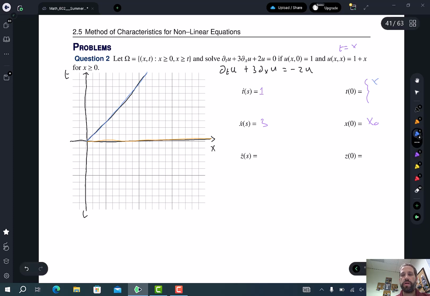And then z dot is always going to be equal to minus 2z, that's everything on the right of the equal sign. And z of 0, if I'm on the line t equals x, the blue line, is going to be 1 plus x naught. And if I'm on the x-axis, it's just going to be equal to 1.